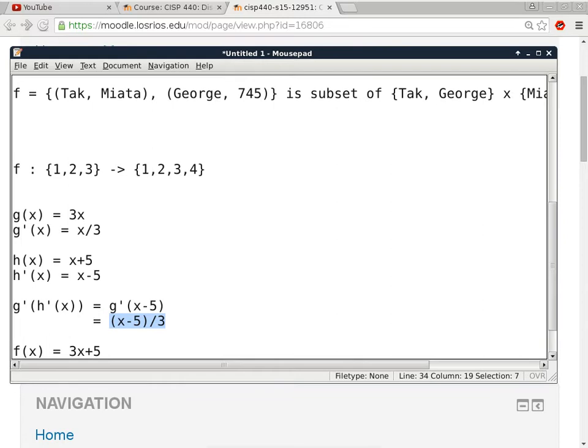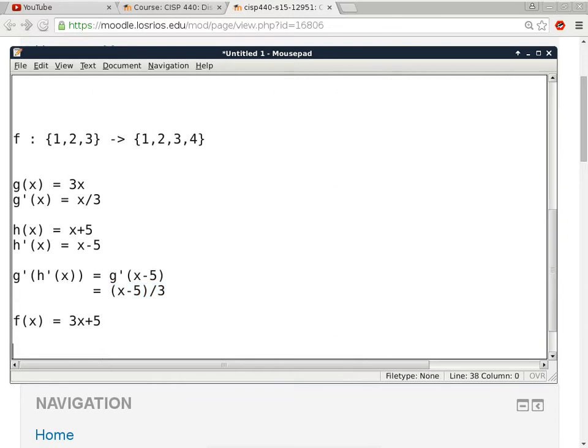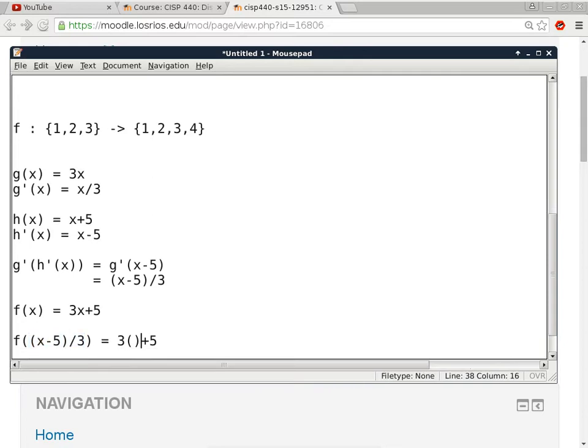So let's try that. What is f of x minus 5 divided by 3? By definition, it is 3 times that thing plus 5, and that thing is whatever we have in parentheses, so we just copy and paste it here.